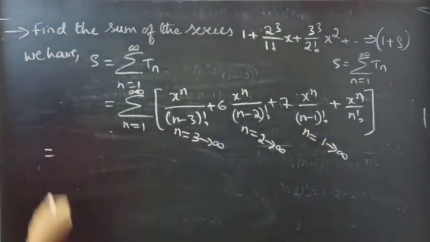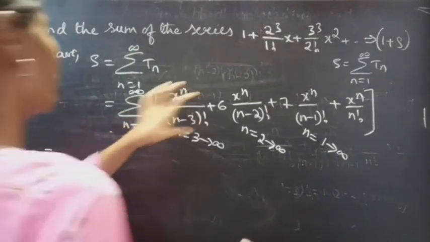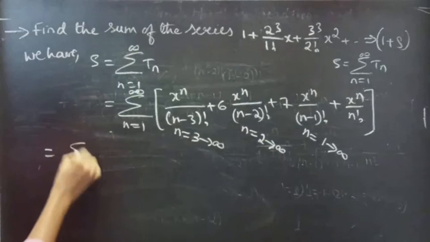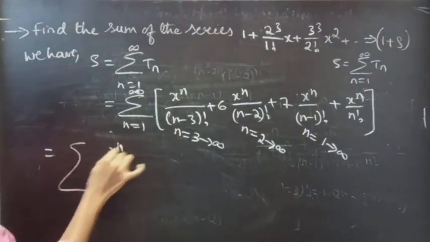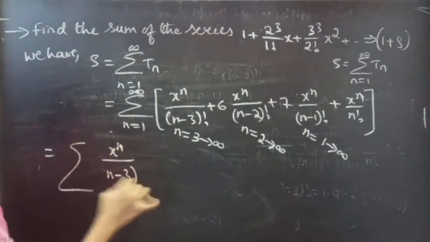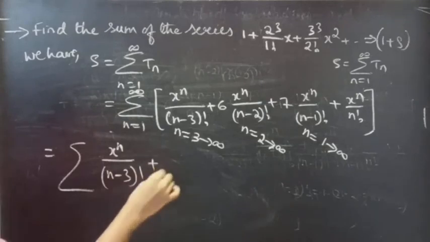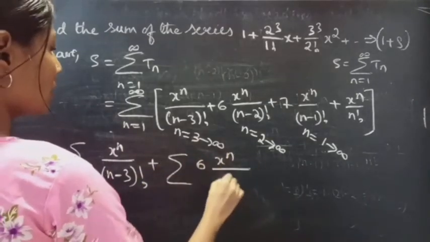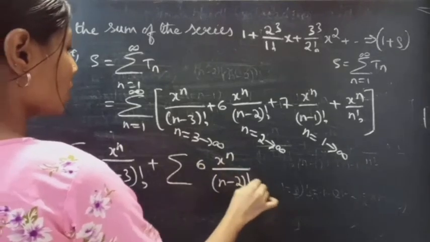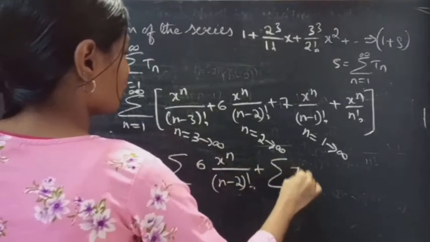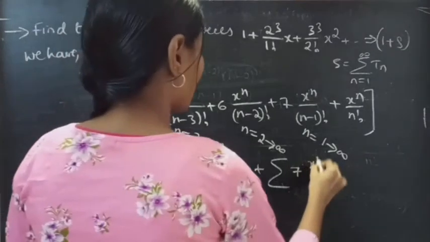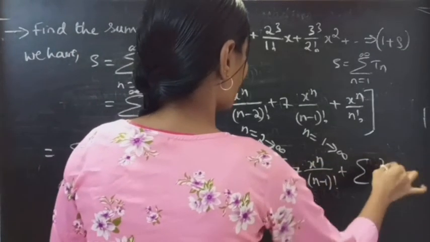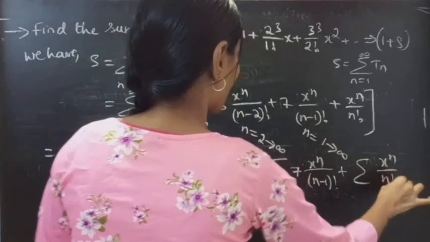Now we are going to apply the summation for the 4 terms. Then summation x power n by n minus 3 factorial plus summation 6 into x power n by n minus 2 factorial plus summation 7 into x power n by n minus 1 factorial plus summation x power n by n factorial.